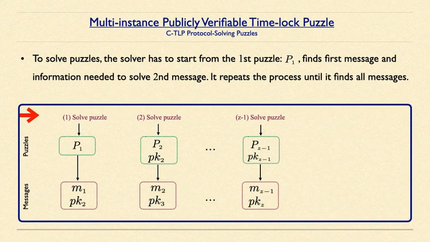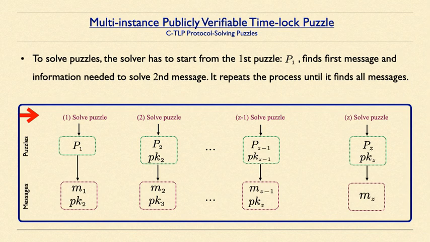Given the last puzzle and the related public key PKz, which was discovered from the previous puzzle, the solver performs sequential squaring until it discovers the last message, Mz.